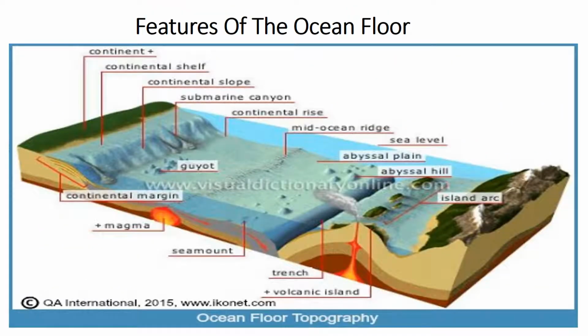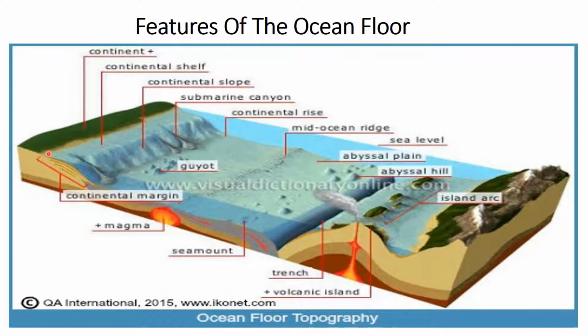Now, these are the features of the ocean floor. This portion forms part of the continental crust. That is why we have the shoreline over here where the sea level starts, and this is the 0 meters.